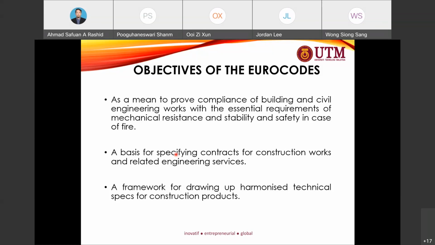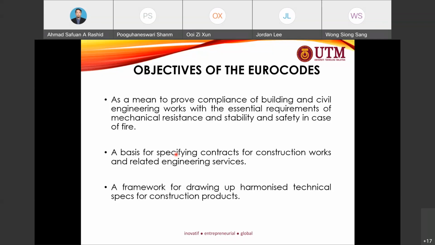Previously, using the conventional way, we specified the factor of safety. For example, we normally use a factor of safety of up to 3 for pile design or shallow foundation design.